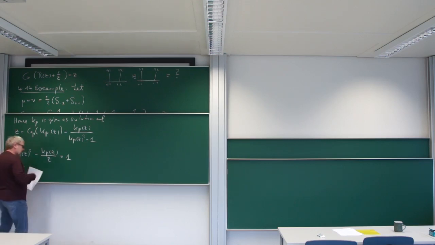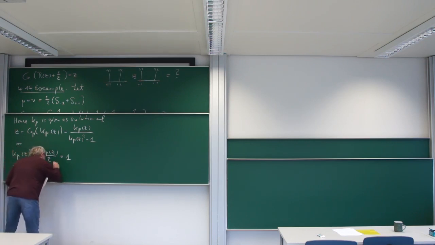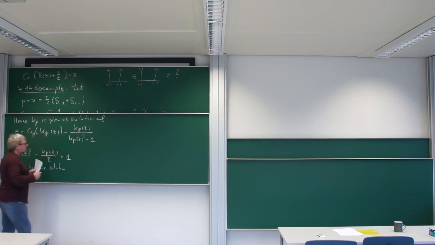This actually has two solutions, but we have to choose the right one. We know the R transform is a mapping which maps 0 to 0. And of course, there's only one solution of this which has this property, and that's the one which we know. So what we saw last time, we have a unique solution of this equation, which maps the neighborhood of 0 to the neighborhood of 0.